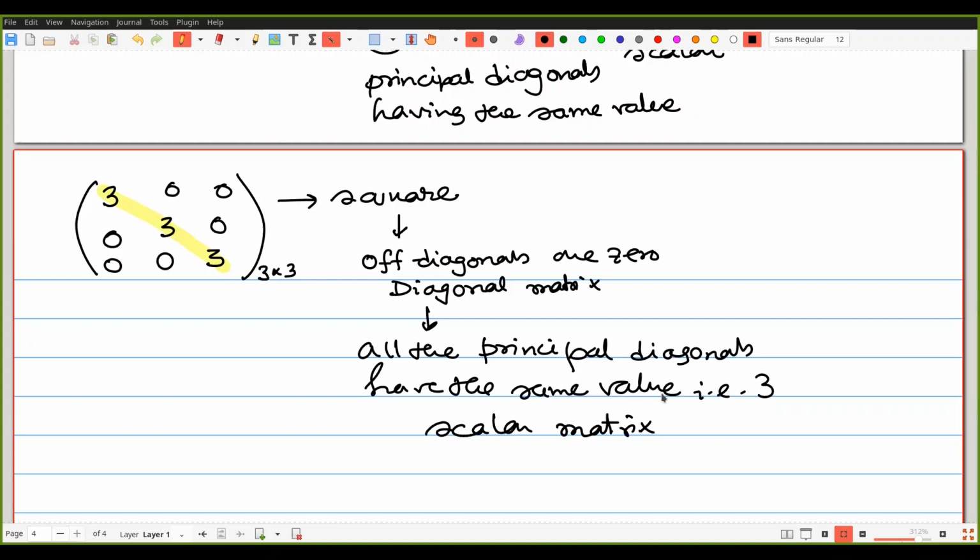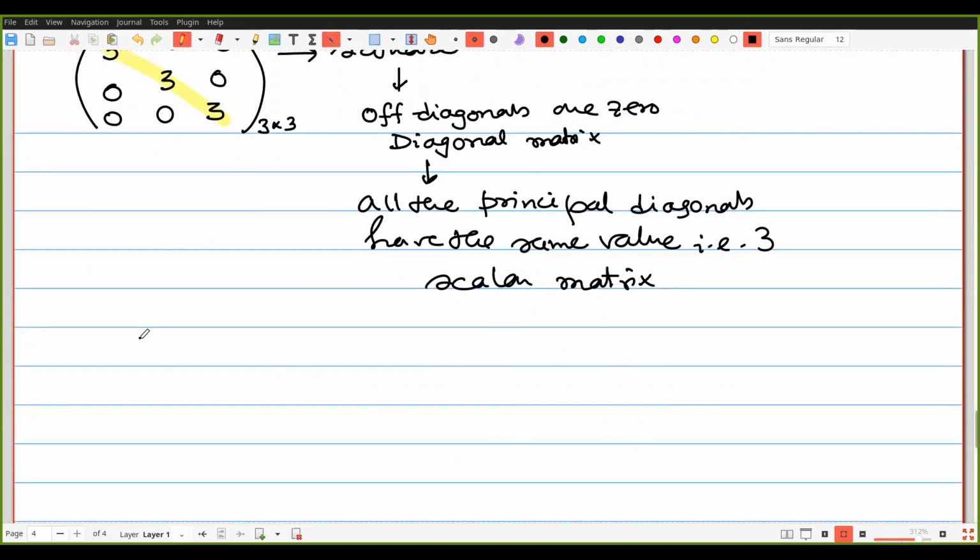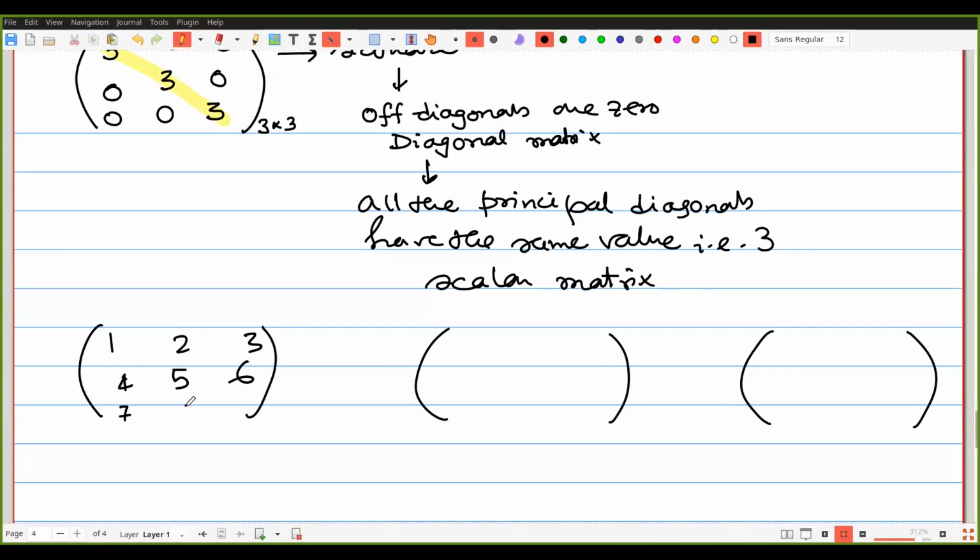Okay. Next, suppose we have another problem. Just giving you some examples with 3 matrices. The first one, 1, 2, 3, 4, 5, 6, 7, 8, 9. The first one is 3 cross 3, so it is only a square matrix. The second one, 1, 2, 3, and 0, 0, 0, 0, 0, 0.